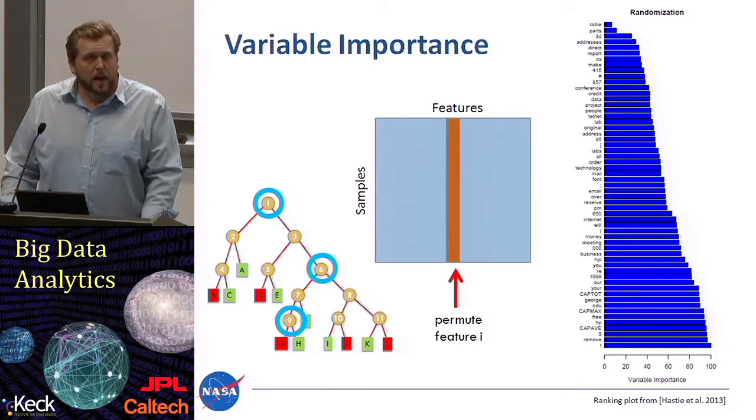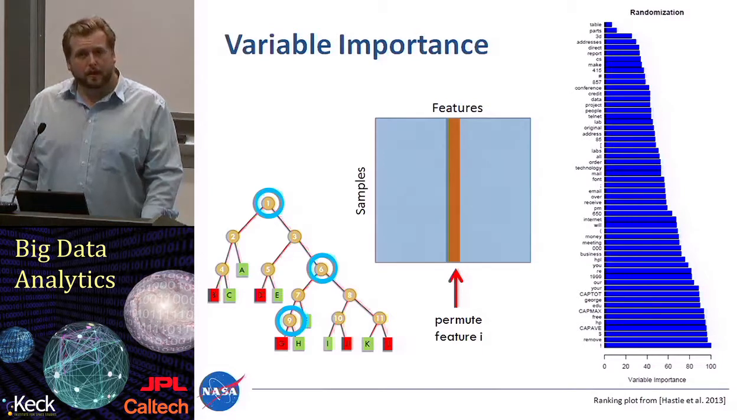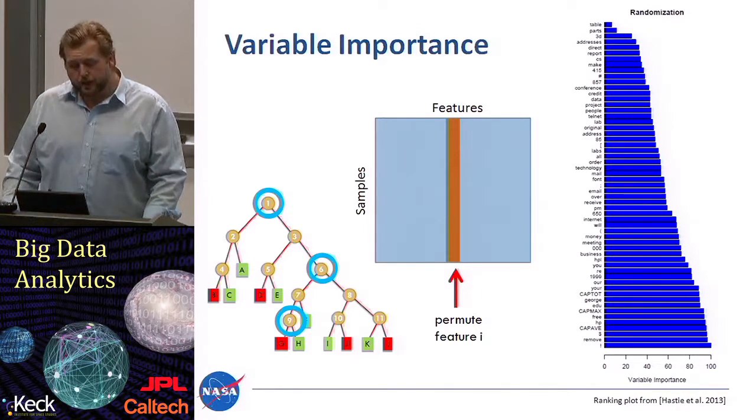We are only interested how well can the robot, for example, navigate some kind of terrain based on the visual prediction. On the other hand, if we have cancer research scenarios or biological scenarios, we are more interested which genes or which proteins actually contributed to classifying a patient for having cancer or not.